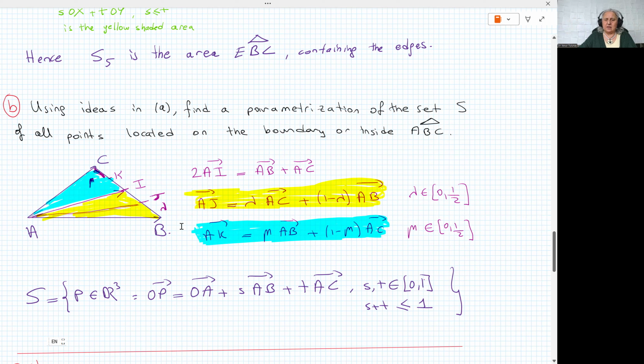Just writing these two equations together, the coefficients S and T need to be between 0 and 1, because when you add them the sum has to be 1, since this length is 1 unit. The length of AJ is 1 unit for all, and the length of AK is 1 unit. So this is why S and T run through [0, 1].